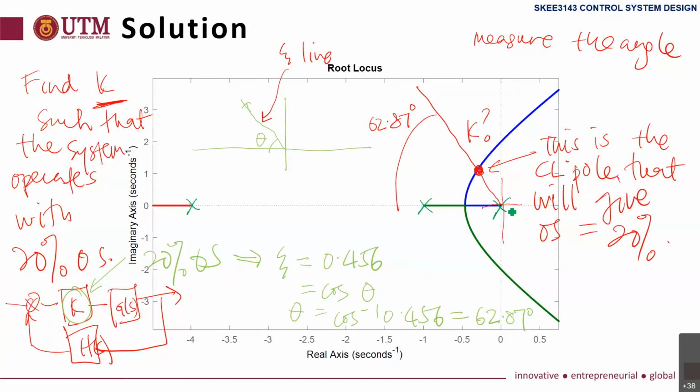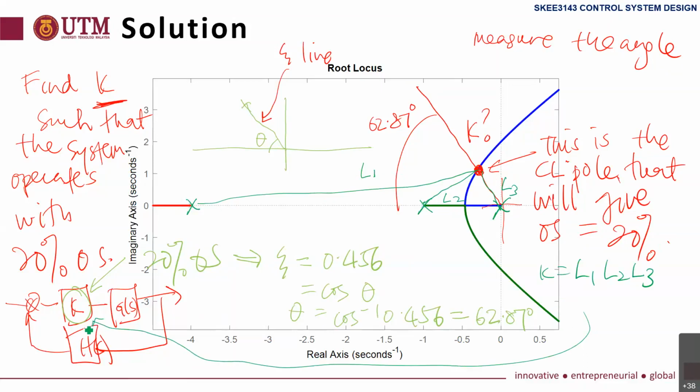Then, as the formula that I mentioned to you, we get the lengths L1, L2, L3. So K is L1 times L2 times L3. That K, if we implement it here, we get overshoot 20%.